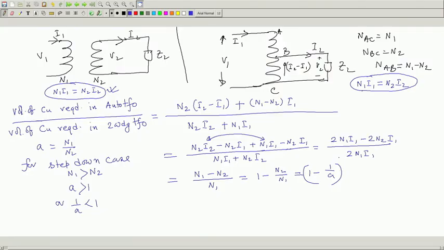So, suppose I say that A, that is N1 by N2, is equal to say 2, suppose I say.